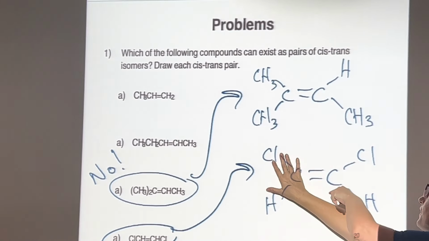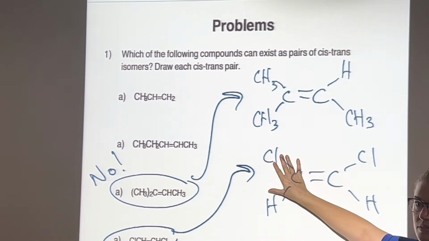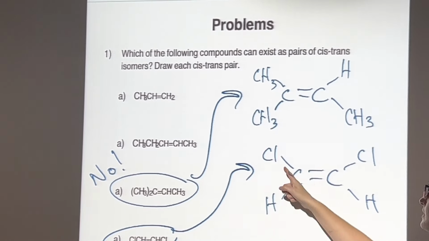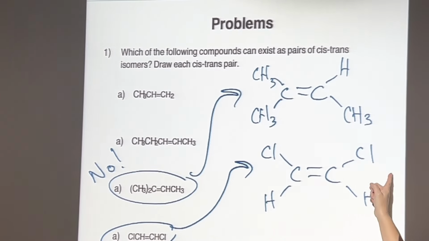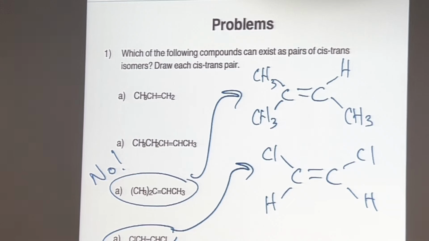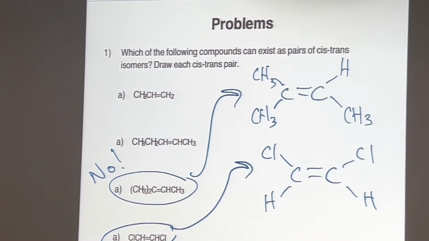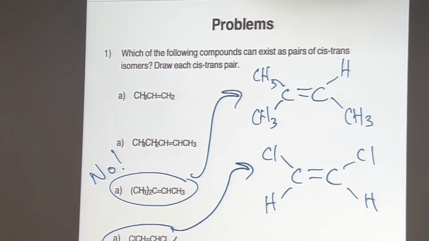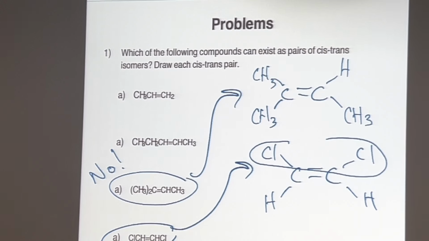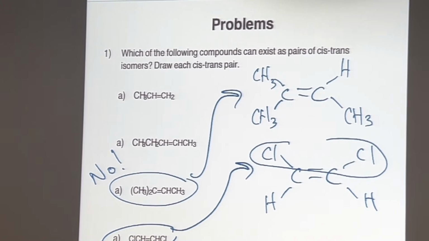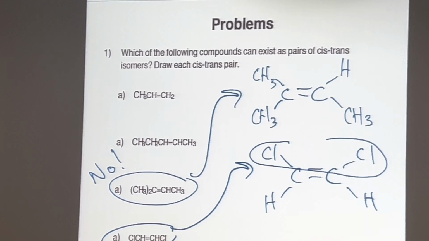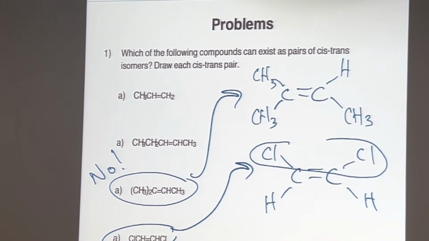And then looking at that carbon, it's bonded to 2 different things, so there's a yes there. And then we can see that our non-hydrogens are on the same side of the double bond. You guys see that? Okay, so let me go ahead and put a little circle around this. So that's telling you that we've got a yes on this one for their cis trans isomers.